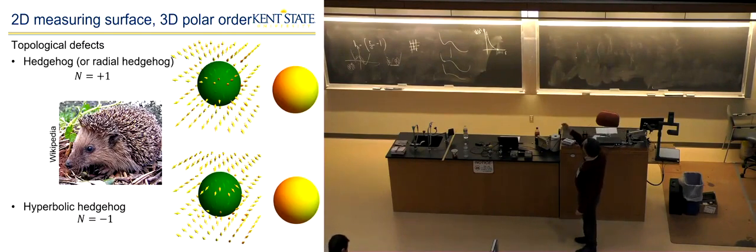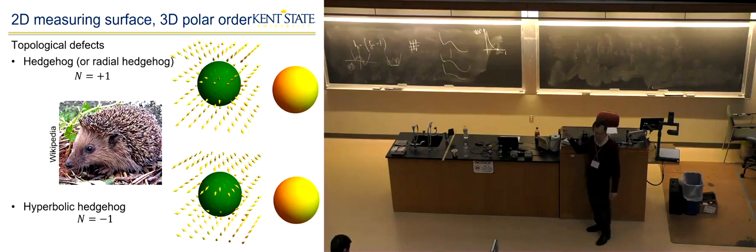What about in a picture like this one? In this top picture, the director is sticking outwards everywhere from the origin. So here, the director is pointing outwards. In this picture, the northern hemisphere here covers the northern hemisphere there in a positive way. The southern hemisphere here covers the southern hemisphere there in a positive way.